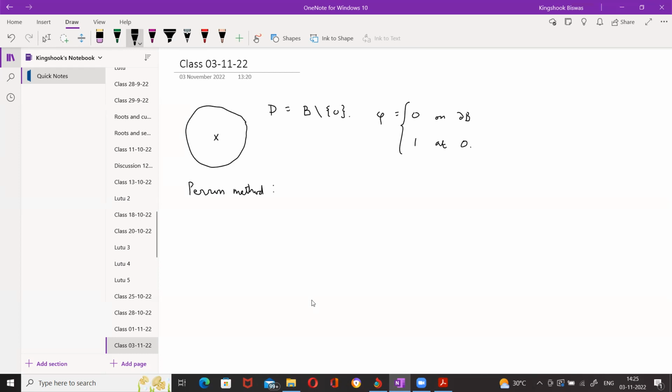As a baby example in 1 dimension, let's say on the real line, your domain D is just an interval AB.